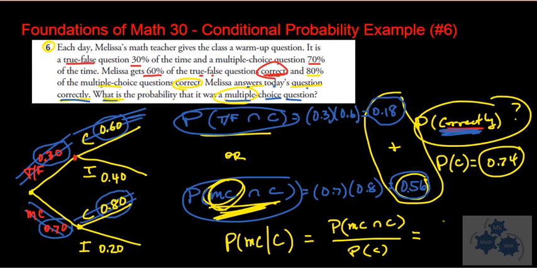We see that 0.56 is the probability that it's a multiple choice question and she gets it correct. And we see that 0.74 is the overall probability that she gets it correct. So if we take a look at these two numbers, the probability is 0.757, or 75%.